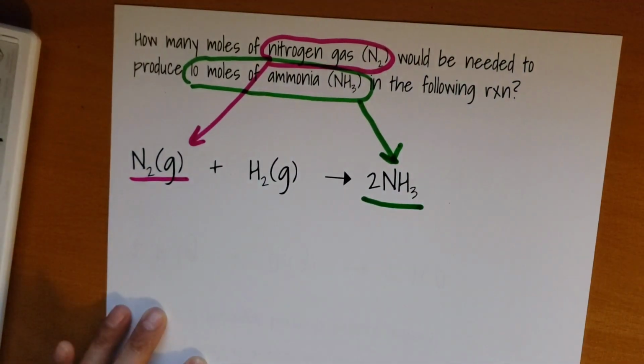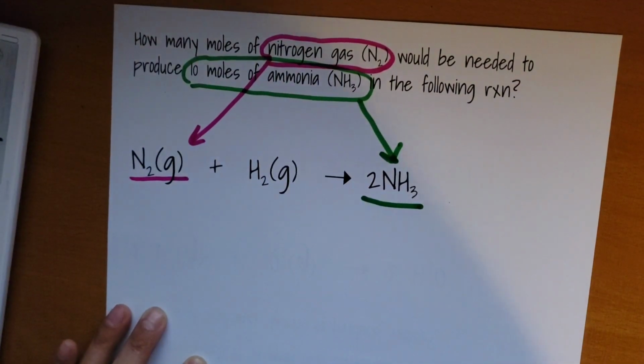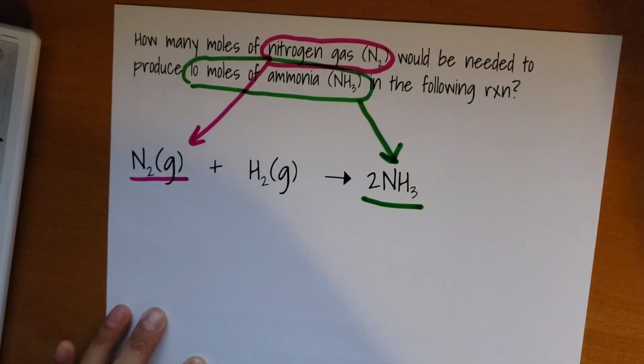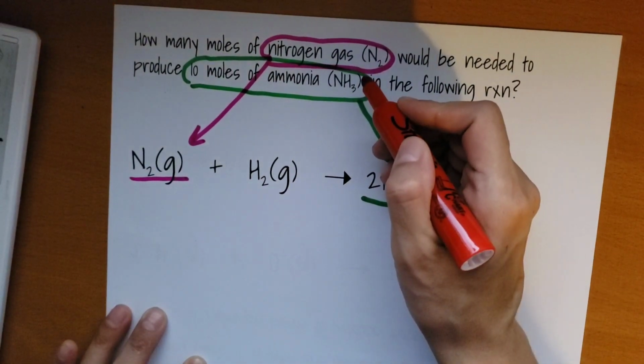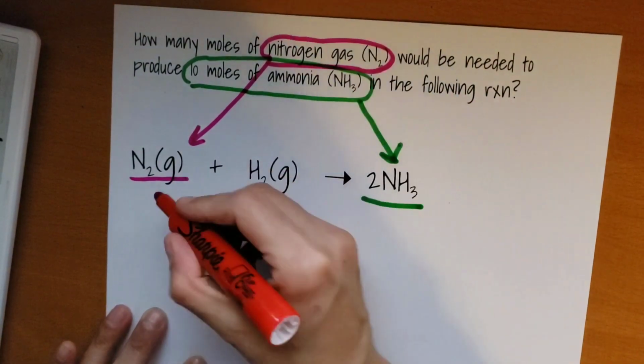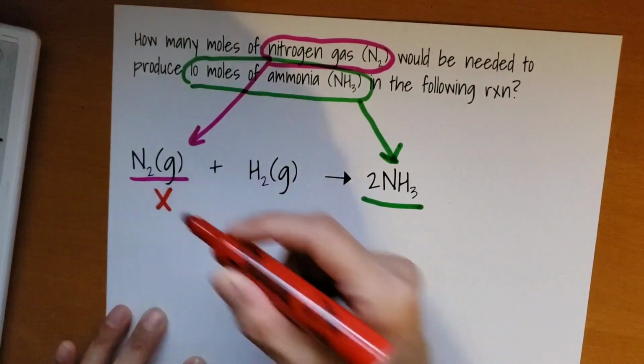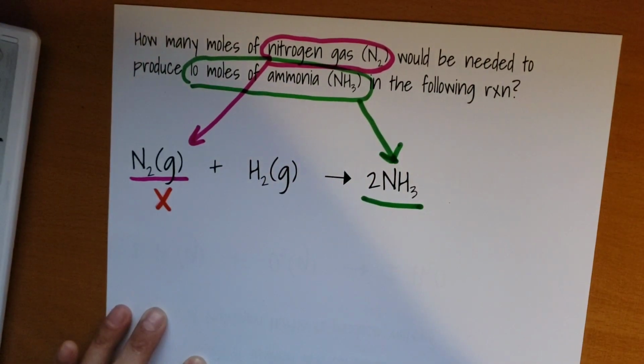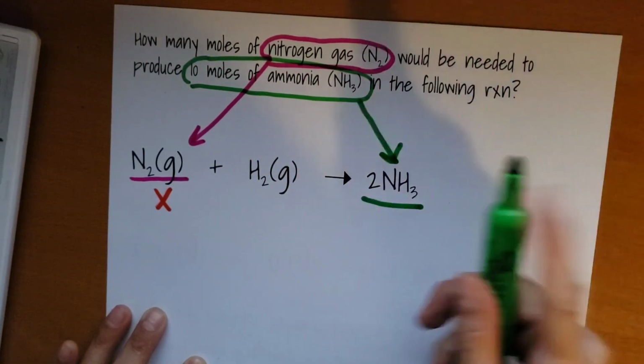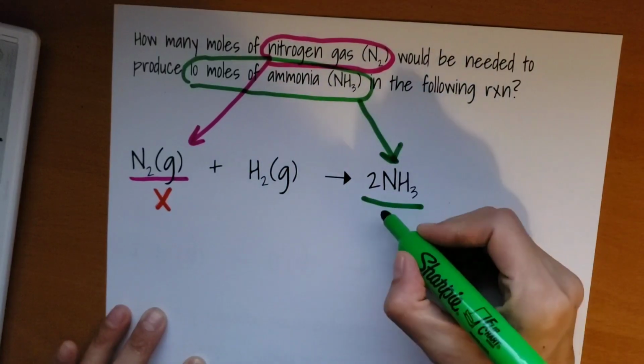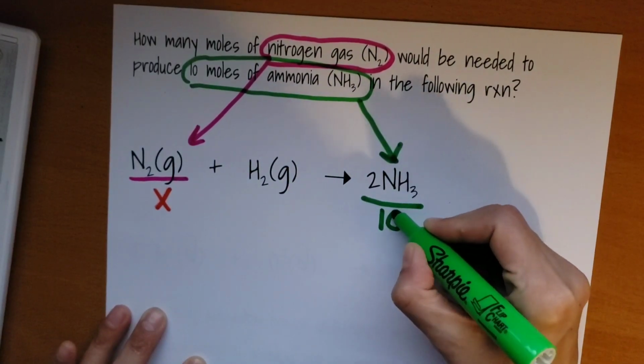We're going to underline it. Now, when I go back and reread, it says how many moles of nitrogen gas? We don't know the amount of nitrogen gas, so we'll call it X. And we know that we want to produce 10 moles of ammonia gas. So I'll call this 10.